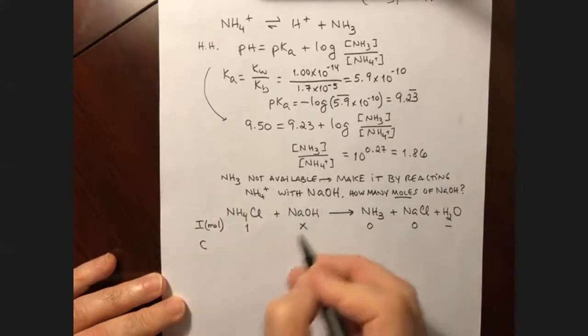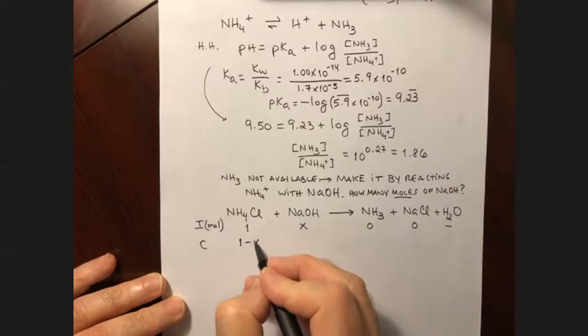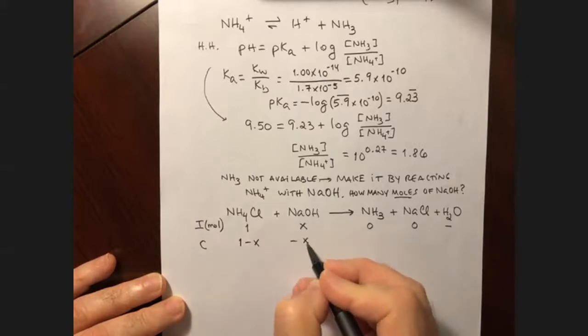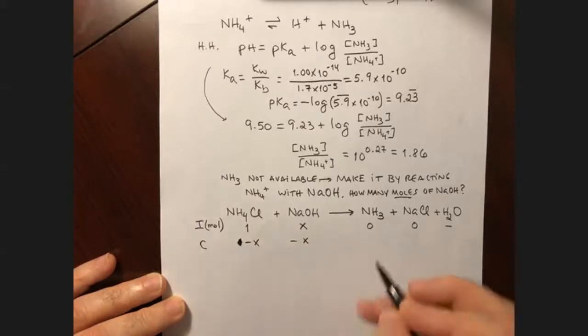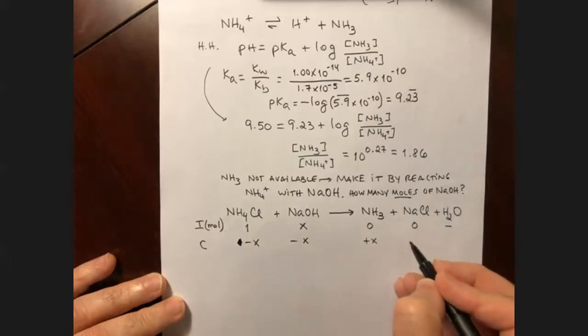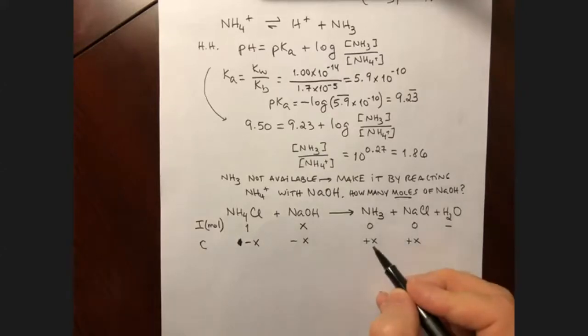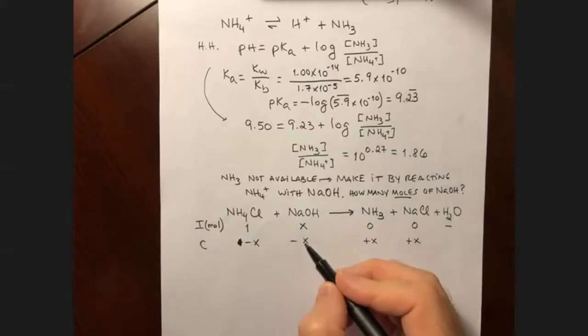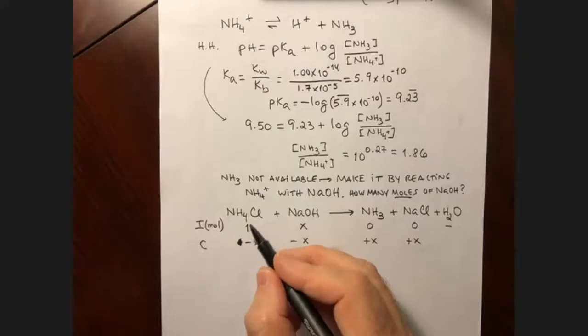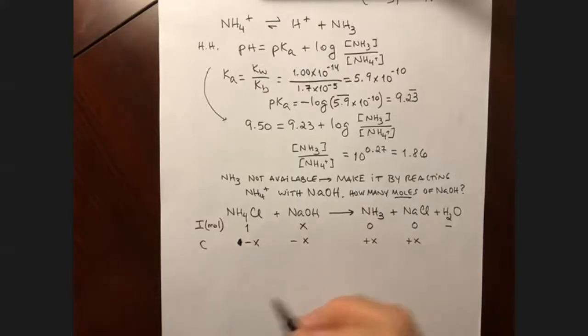So that when they react, you generate the amount of ammonia you want. This is what we're looking for. I want to find out how many moles of NaOH do I need to add in order to convert that amount of ammonium ions into ammonia.